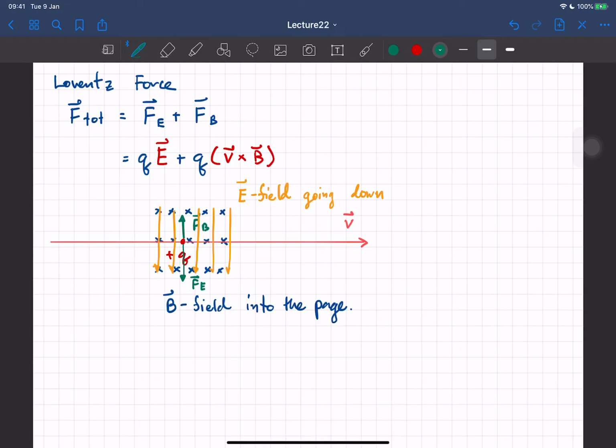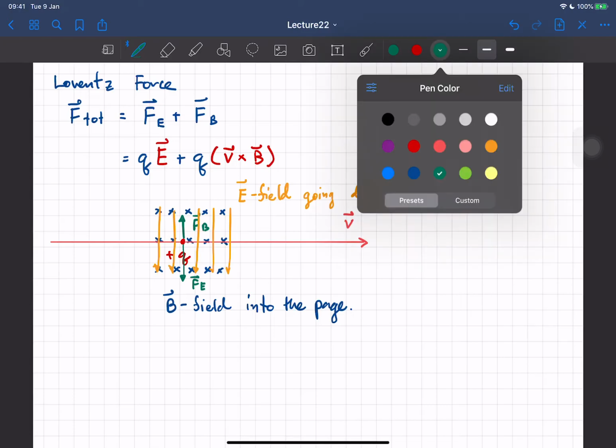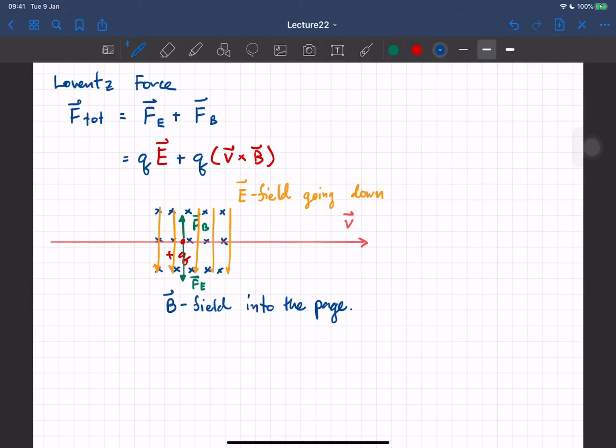So you can see that if you choose the electric field and magnetic field appropriately, then F_E and F_B can be made equal to each other. When that happens, the magnitude of the electric force is equal to the magnitude of the magnetic force like this.